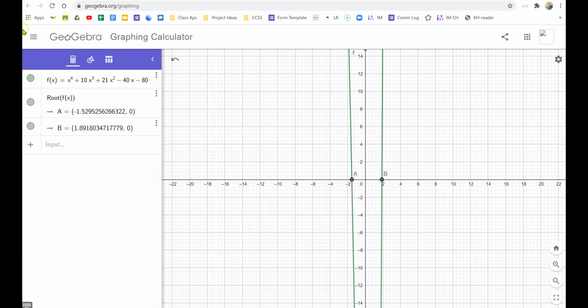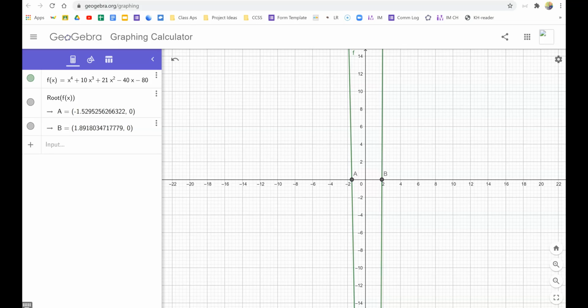So, going back to our graph and our solutions, we know that the graph is above the x-axis or above 0 when x is at this point or less and at this point or greater. And in fact, because our original inequality is just greater than, it's not going to include these points.